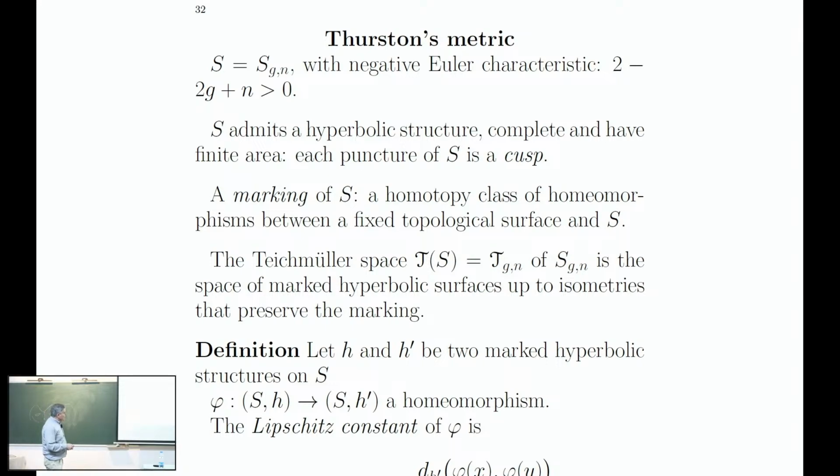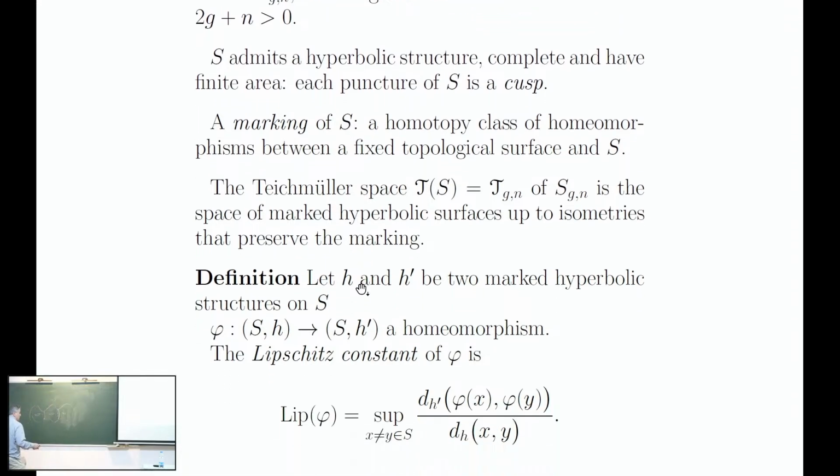Now you must remember this definition: we have two marked hyperbolic structures and a homeomorphism phi, and then the Lipschitz constant of phi is something interesting. This is the Lipschitz constant of this homeomorphism.